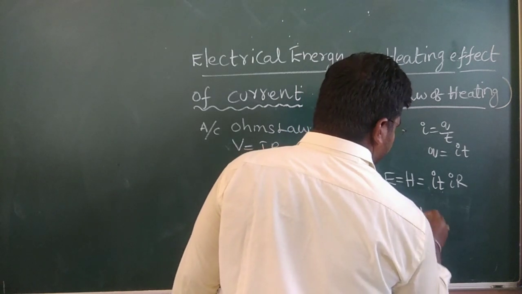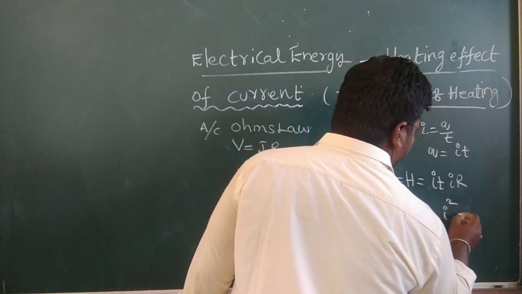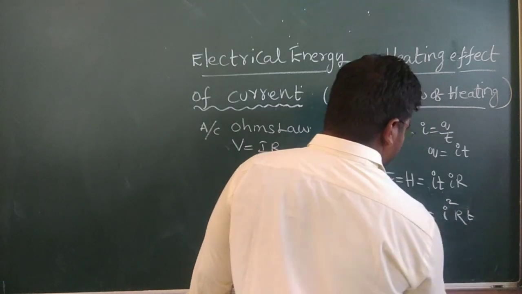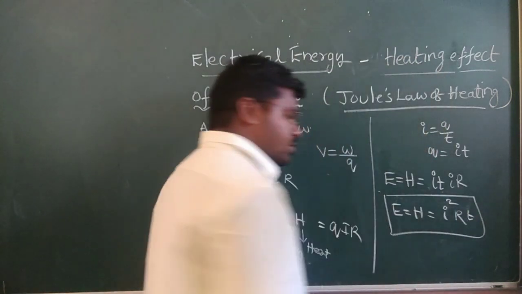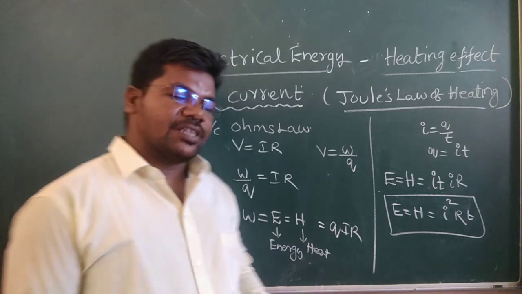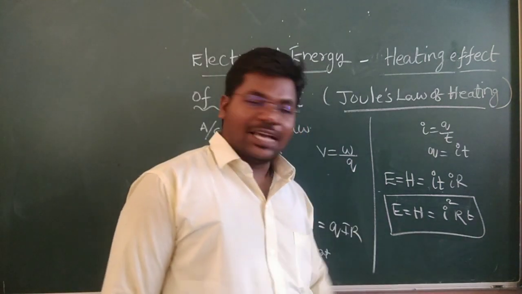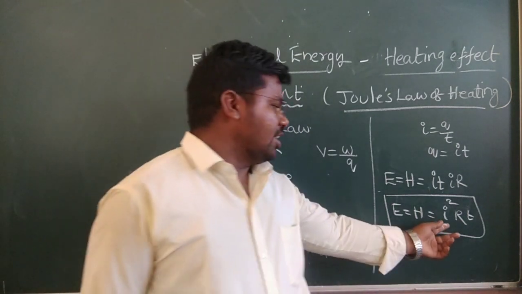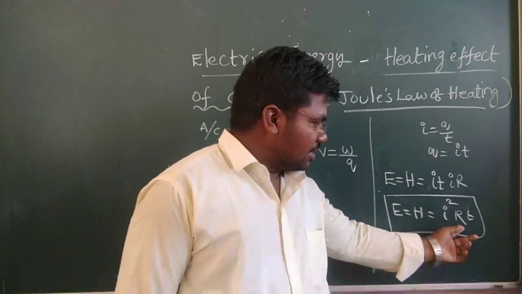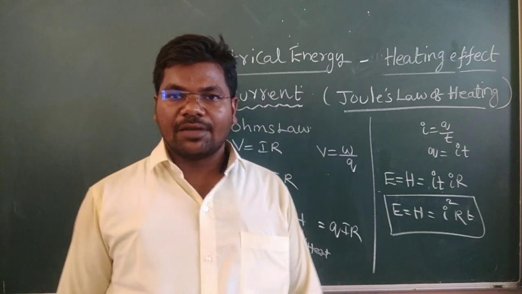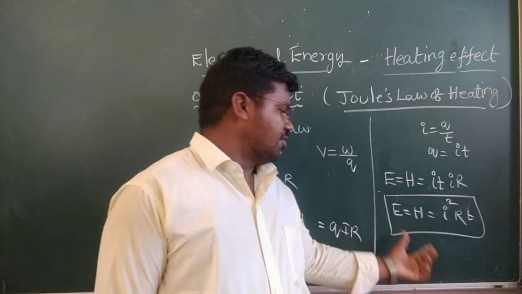So E is equal to H is equal to I square RT. This is the expression for energy, where I is current, R is resistance, and T is the given time.